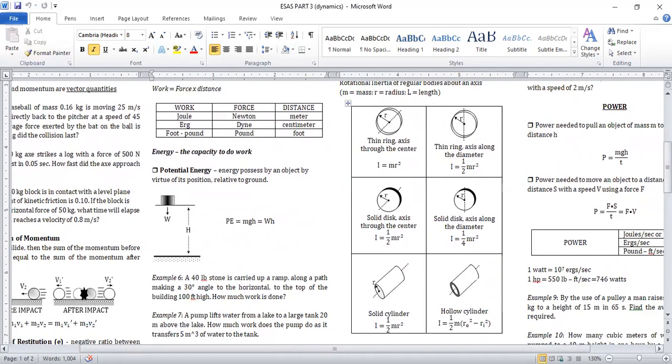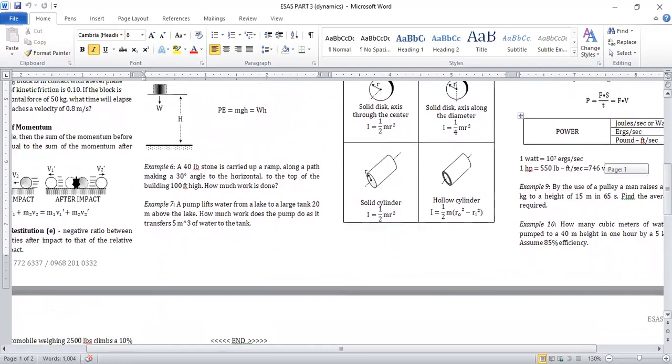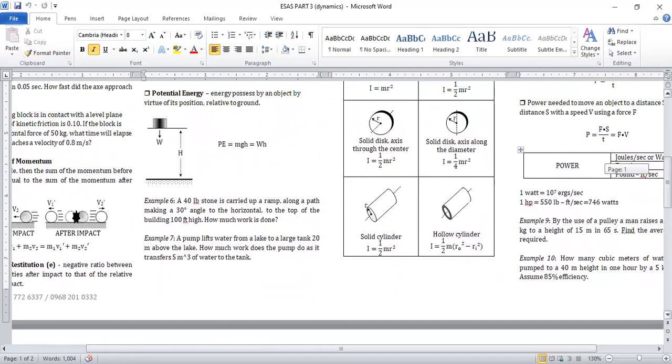So you have there example number 6. Kindly take note of the given. A 40-pound stone is carried up a ramp along a path making a 30 degrees angle to the horizontal.